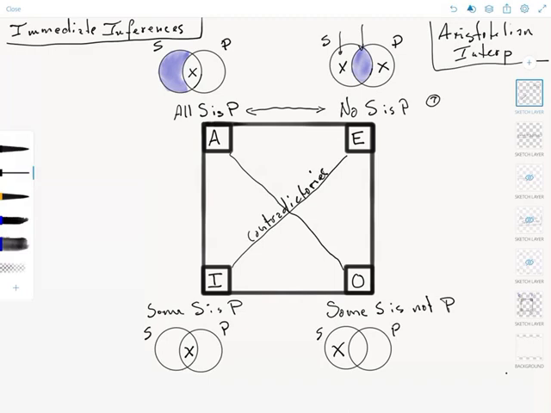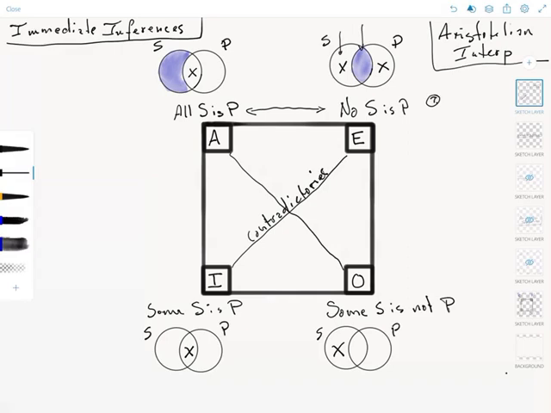In other words, there's an X in a region for the E that the A proposition claims has to be empty, and there's shading in the E diagram where the A proposition claims there has to be an X. So what it looks like in this case, because of the diagram, is if E is true, the corresponding A has to be false. Okay?